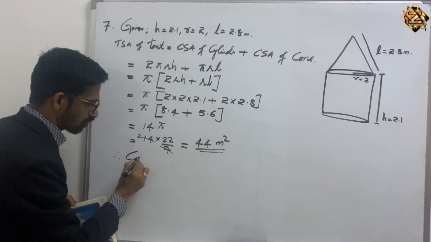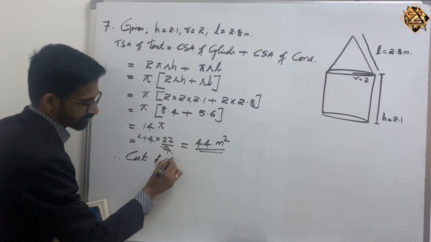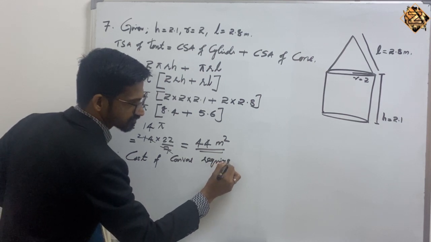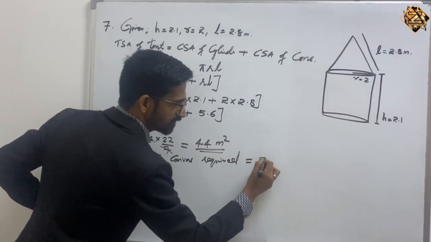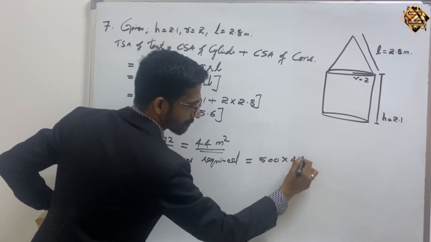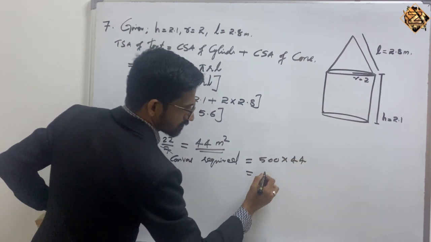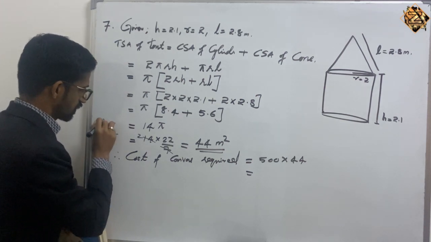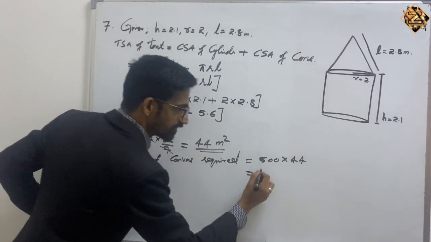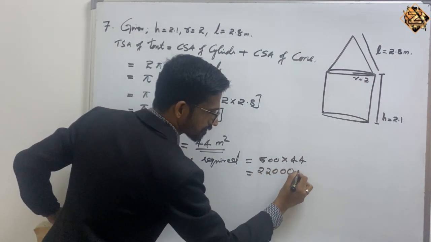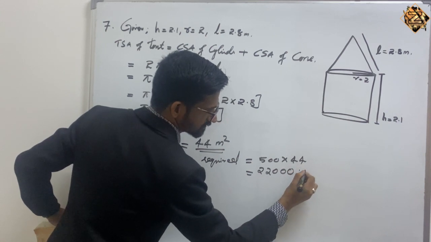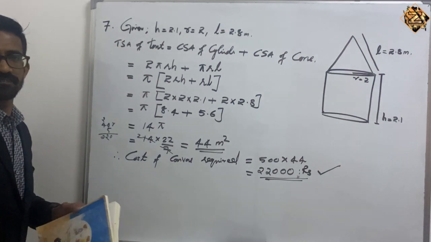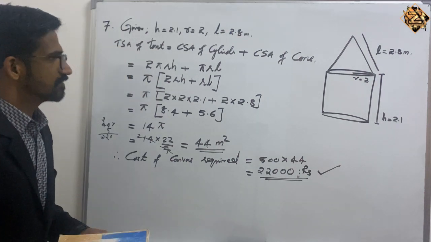So cost of canvas required will be equal to 500 into 44. 44 into 5, that is what? Rupees. This much rupees is required to make the tent. Hope it is clear. Please take your notes, students.